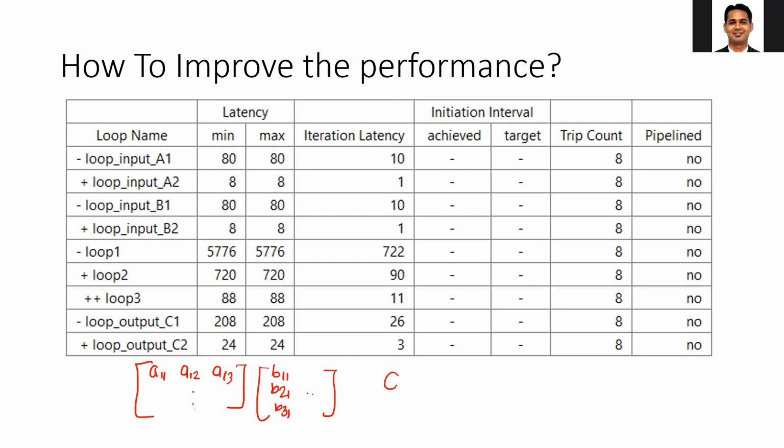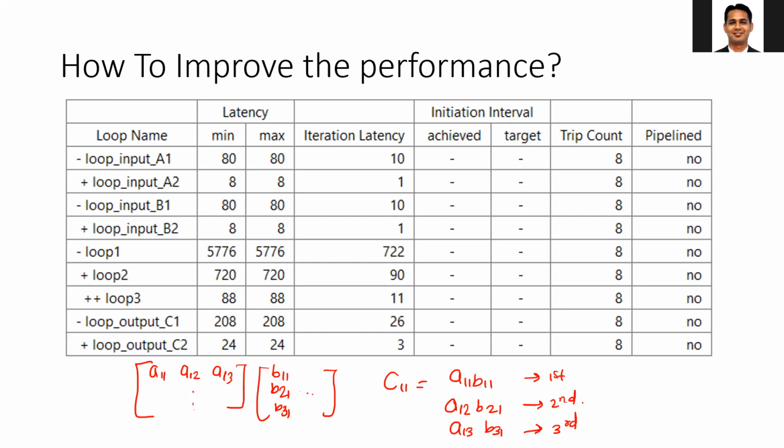Now to get the C11, what are we doing? We are doing A11, B11 in the first iteration. Then we are doing A12 and B21 in the second iteration. And then A13 and B31 in the third iteration.